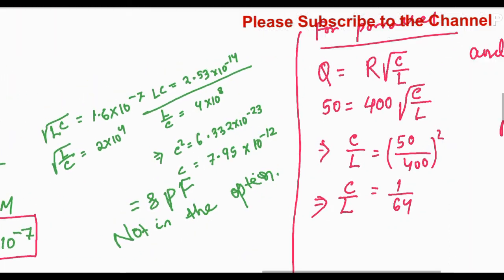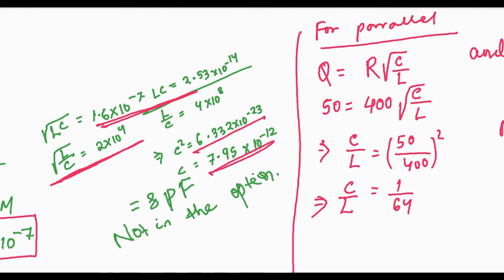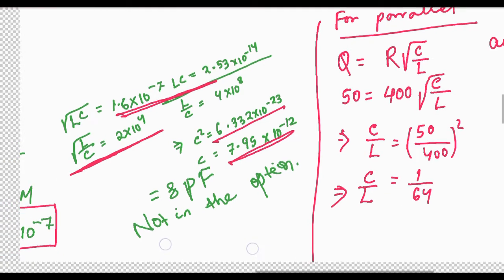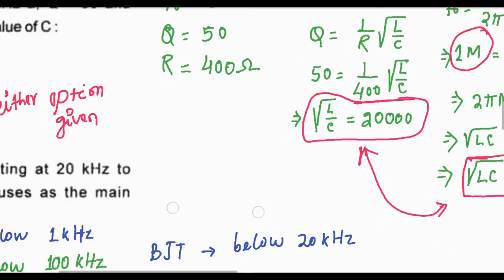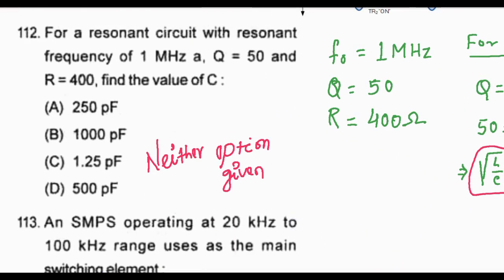If we find this, C square is this much and C comes to 7.95 into 10 to the power minus 12, nearly equal to 8 picofarad, and 8 picofarad is not given in the options. Options are 250 picofarad, 1000 picofarad, 1.25 picofarad and 500 picofarad.